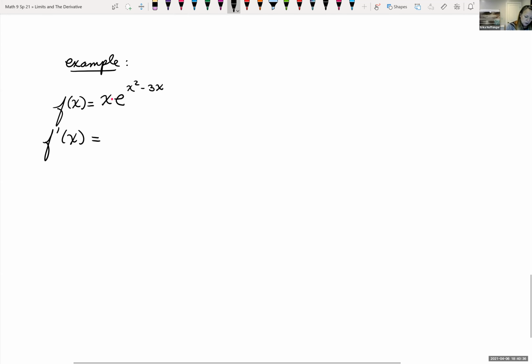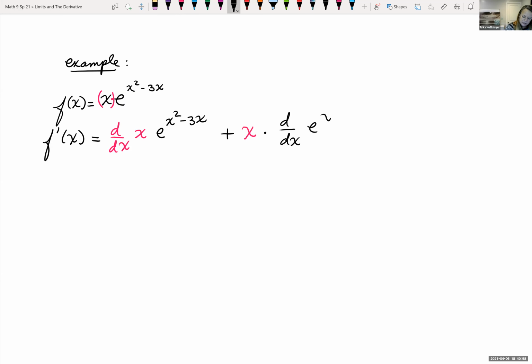This is equal to the derivative of the first. So d dx of x times the second, e raised to the x squared minus 3x, plus the first, x, times the derivative, d dx, of the second, e to the x squared minus 3x.